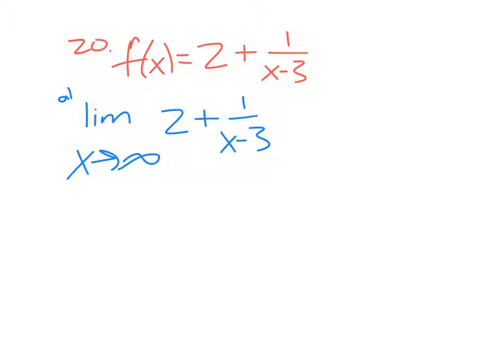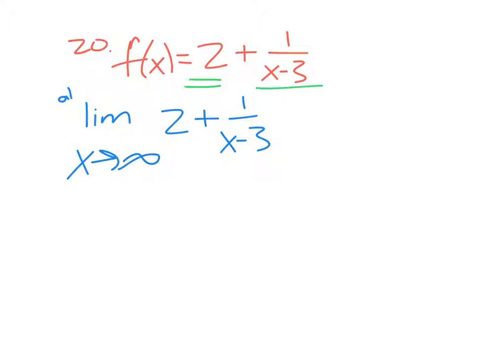Some really big number. It could be more specific. 100,000. Okay, so this is just a function. If we plug 100,000 in for x, is this value being affected at all? No.